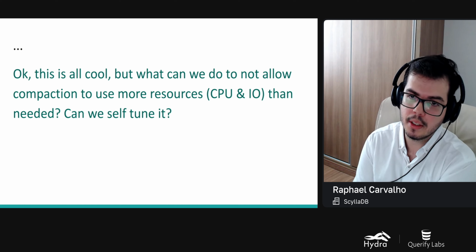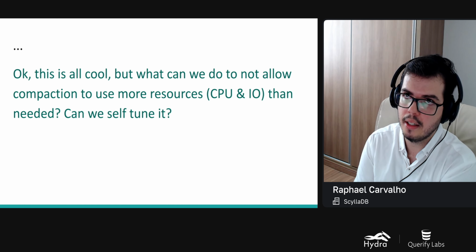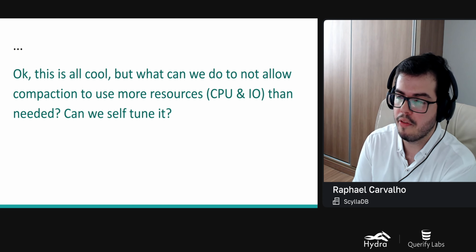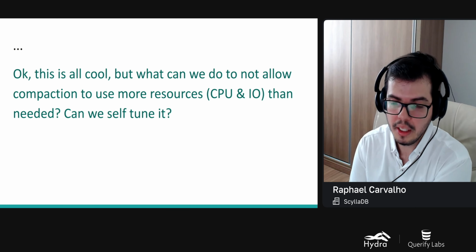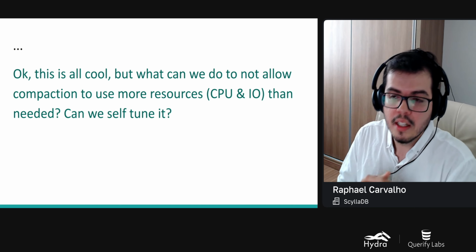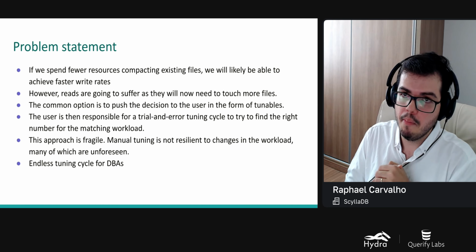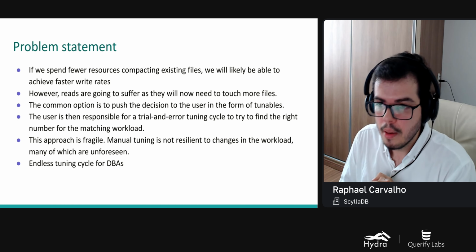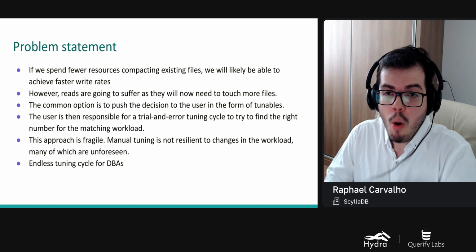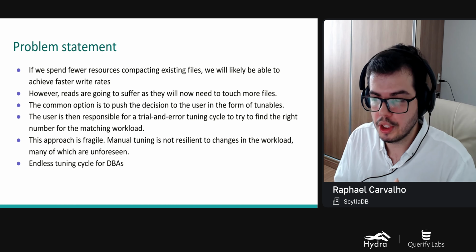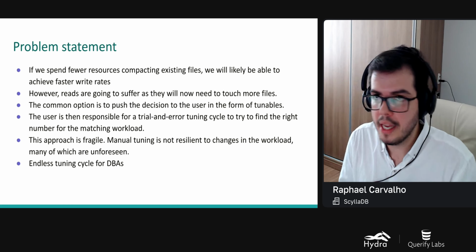What usually happens is that the user sets a static value. The database allows the user to set the amount of bandwidth for compaction statically. But the main problem with that is that it could end up in an endless tuning cycle, because if the workload changes all of a sudden, then the amount of resources you devoted for compaction may not be enough anymore.